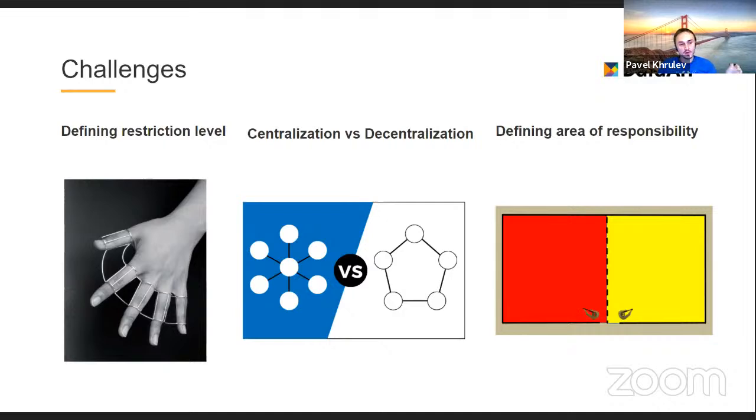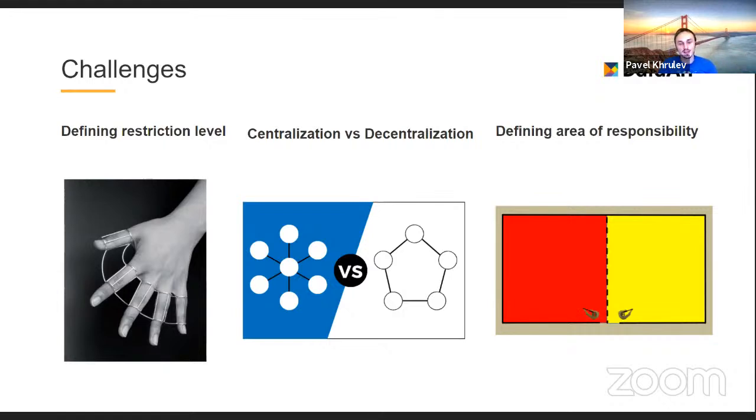But if your accounts are not homogeneous, you will have a lot of exceptions, and you will go to exceptions hell. At some point, probably each account will have its own policies, which is not good. Taking into account the organization and the specifics of what you deploy in this account, you should define the restriction level. Should you restrict everything, or should it be quite loose?